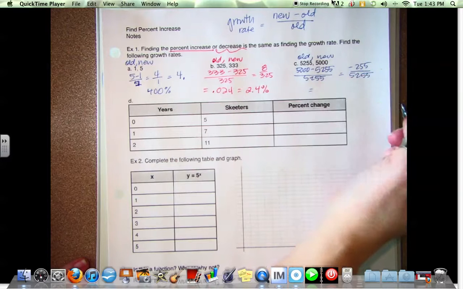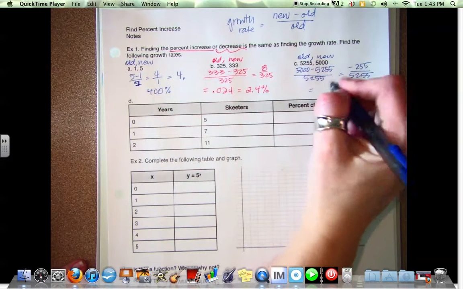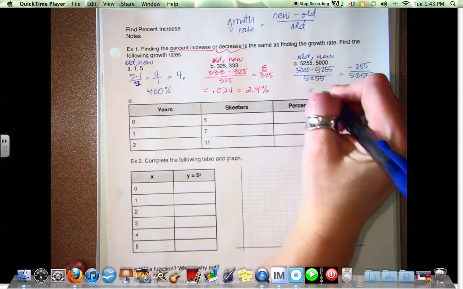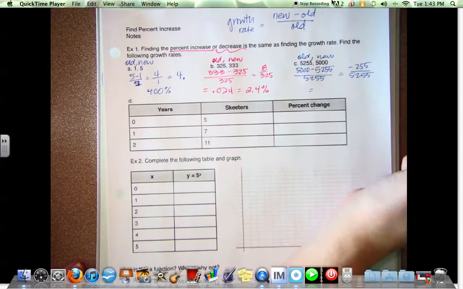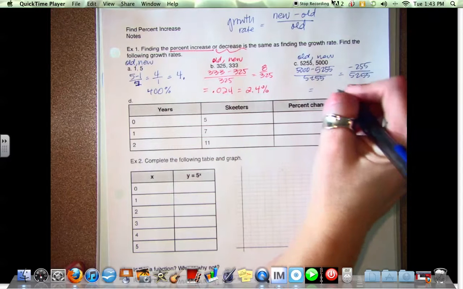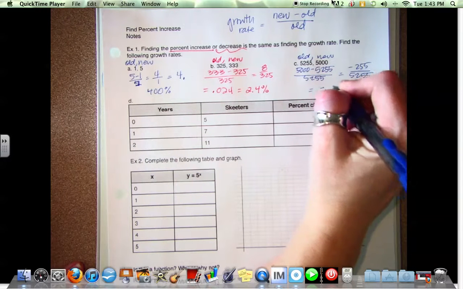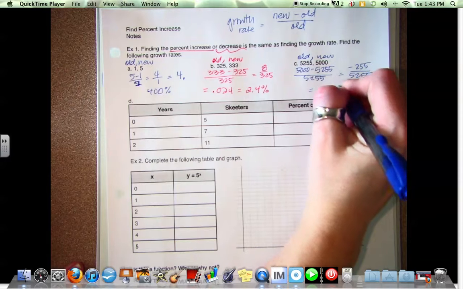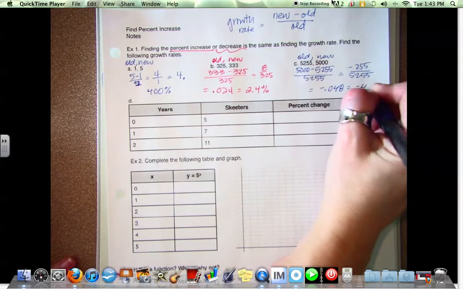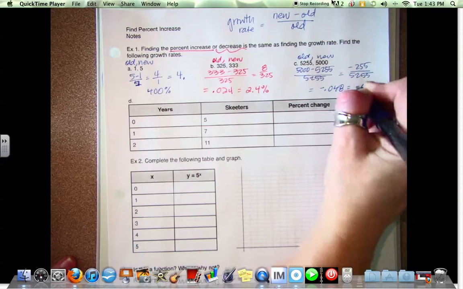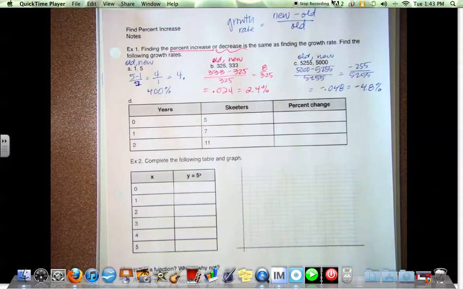What does it say on your calculator? Negative 0.048. Which is what as a percent? Negative 4.8. And negative is implying what? A decrease. Very good.